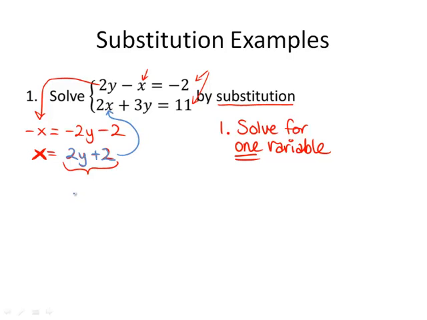So now in the second equation, we can plug in 2 times x, and that x has been now confirmed to also be 2y plus 2, plus 3y equals 11. So all we've done is we've taken one variable, solved it, and we're plugging it into the other equation so that we now have an equation that uses both equations, but it's in one variable. Now we can solve this.